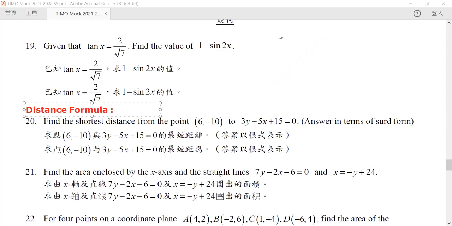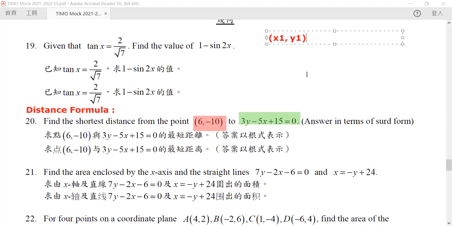Now, given that we have an equation here, and given that there's a point here, the distance formula says the following. If we have a point (x1, y1), and we have an equation L such that ax plus by plus c equals 0, what is the distance?